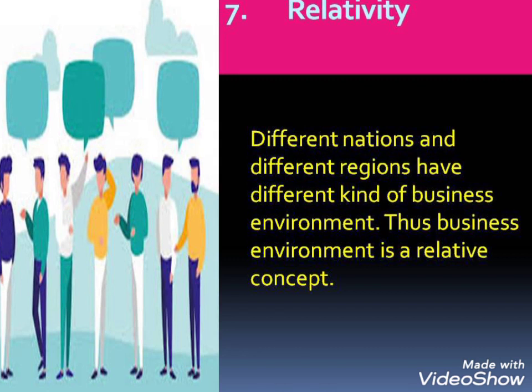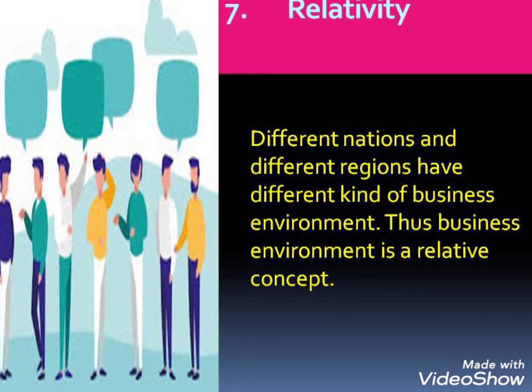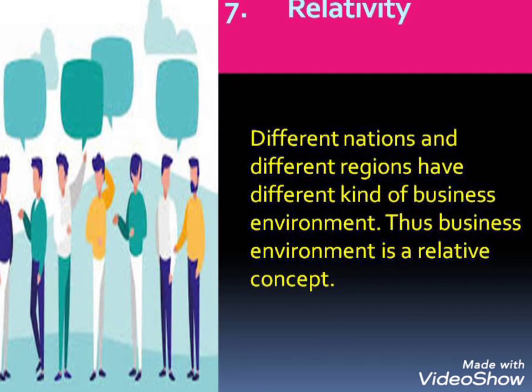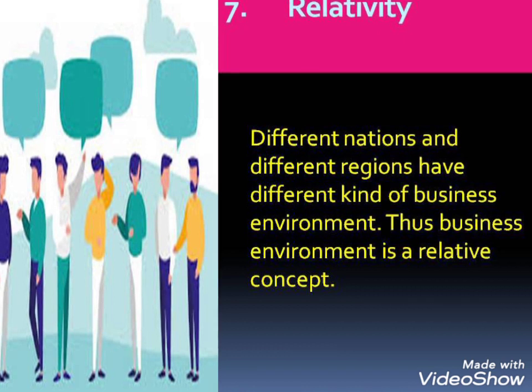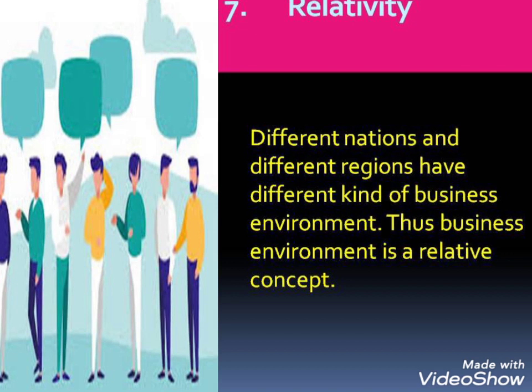Relativity. This is another feature. Business environment is a relative concept. Because of this relativity, it differs from one country to another, from one region to another within the same country, or even over a period of time within the same country.